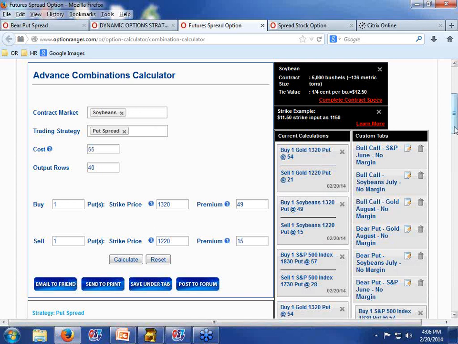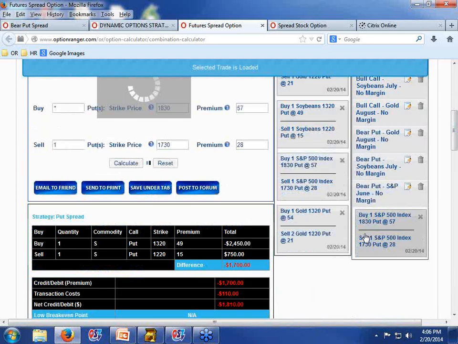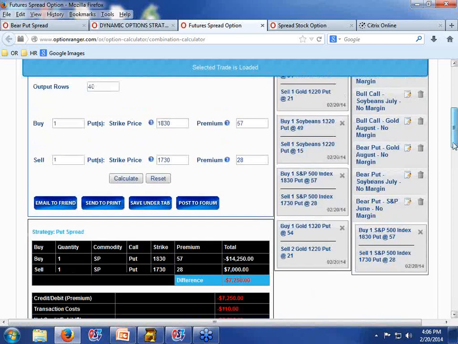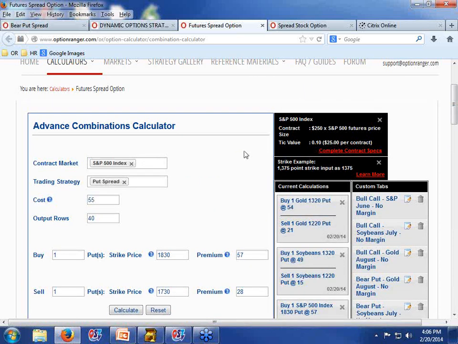You click on it, and then again, you see all of the dialog boxes here in the corner change so that you can look at the contract specs. You can go to a detailed page about the S&P and what to monitor on the S&P, as well as review the definitions of strike prices and premium.